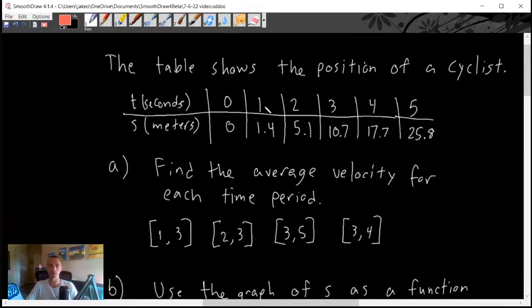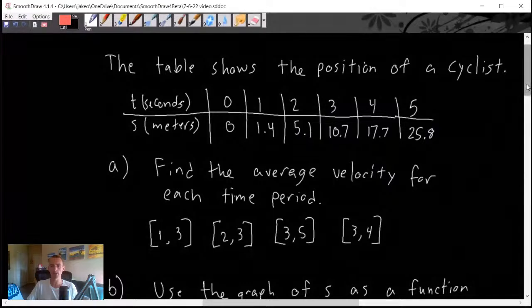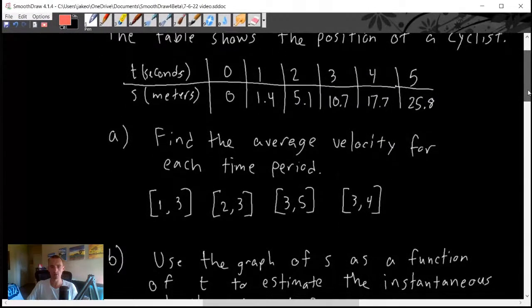Then 1 second later, they rode a total of 1.4 meters. 2 seconds into it, which just means 1 second after this one, they rode a total of 5.1 meters. 3 seconds into it, 10.7 meters total. 4 seconds into it, and so on. So what we need to do is find the average velocity over these 4 different intervals of time.